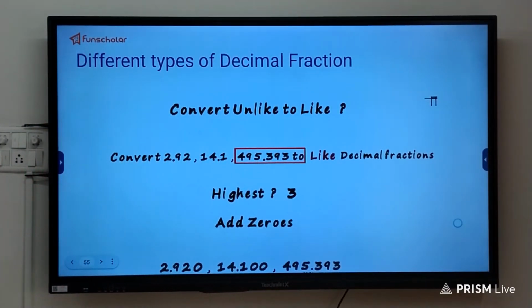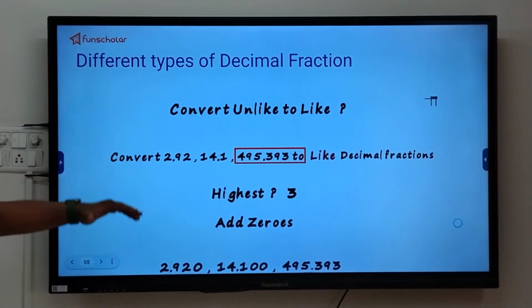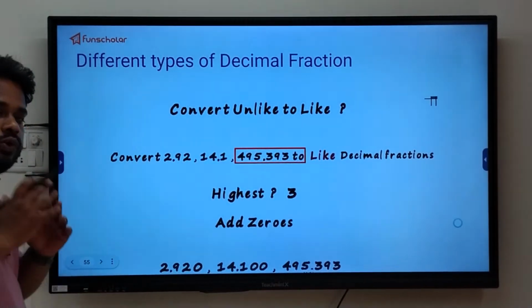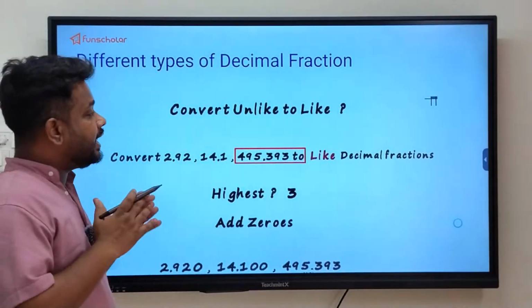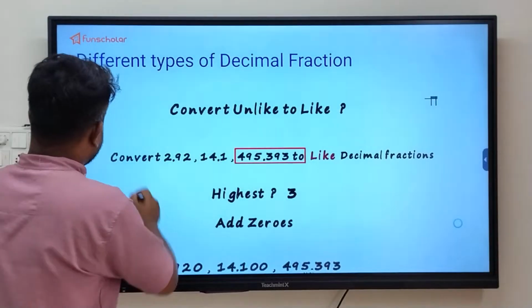The next one, different types of decimal fractions. Now we can also learn how to turn unlikely to likely, and they have done it here also. We can also transform likely fractions to unlikely fractions by the same process.